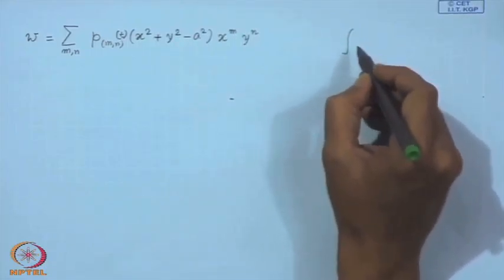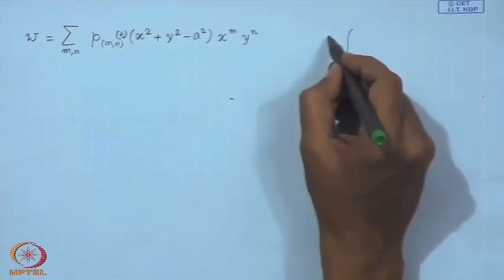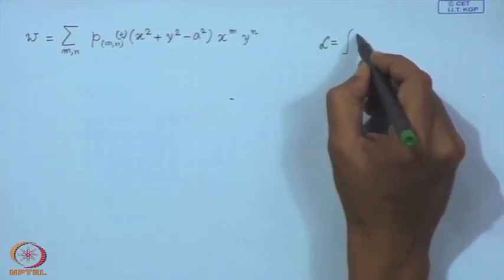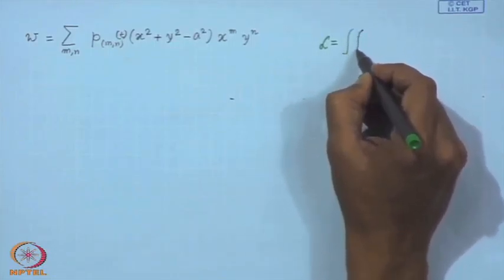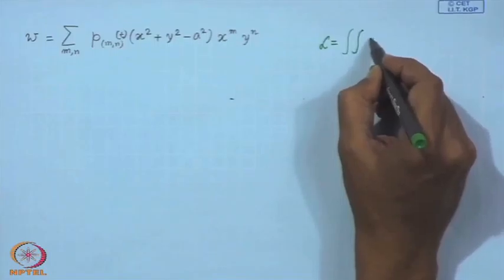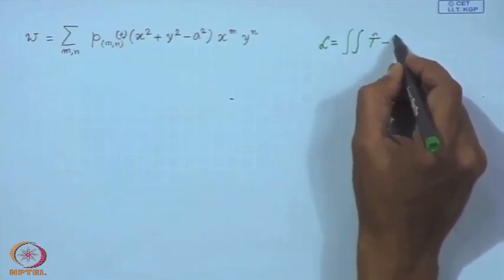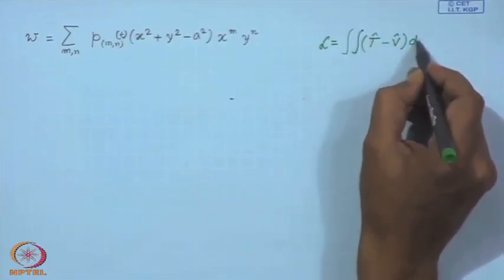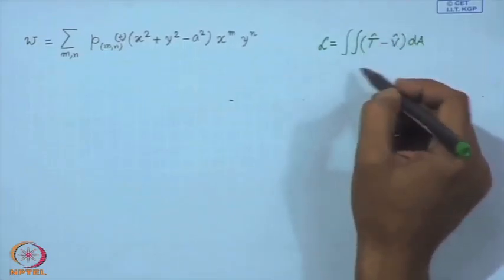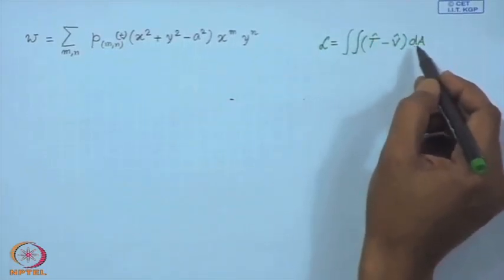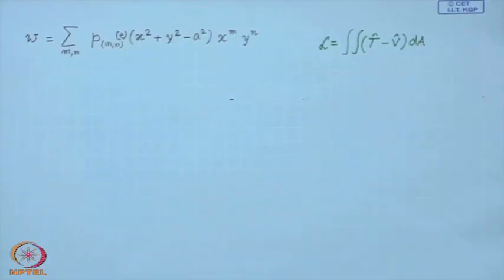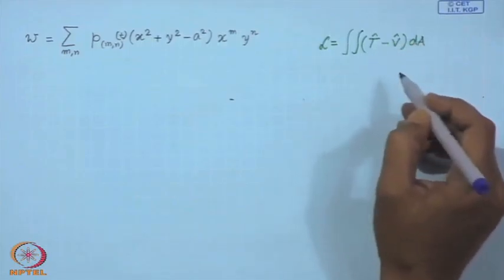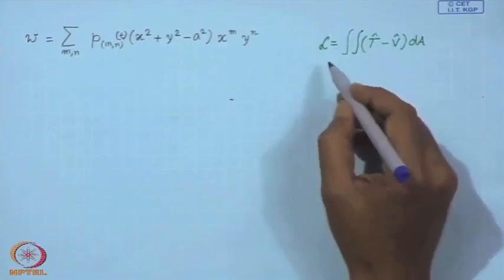So, we will calculate the Lagrangian. That is obtained as an integral over the area, which now is actually dx dy. So, we will integrate over x and y to obtain the Lagrangian.